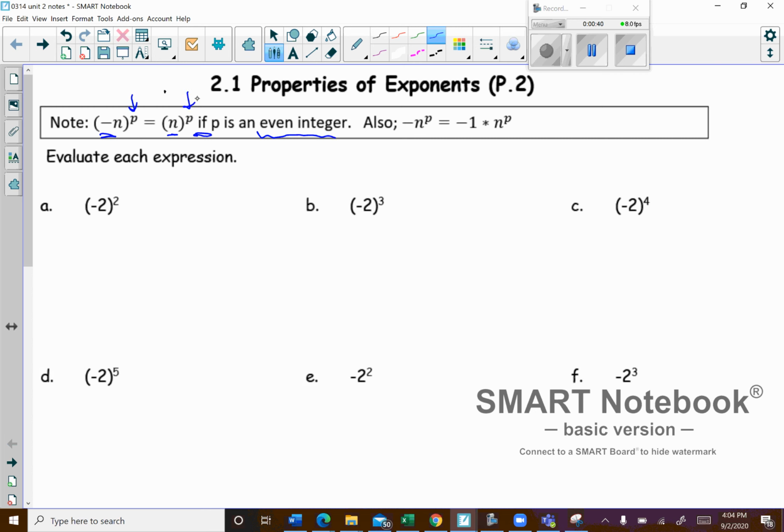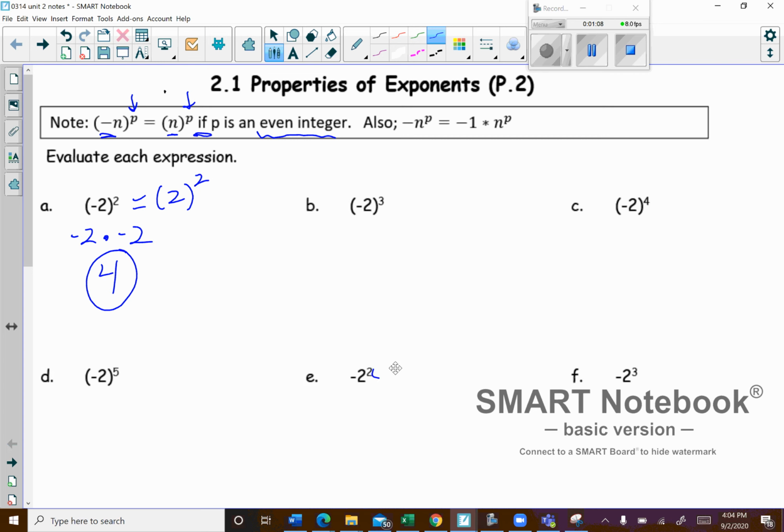So for example, I'll just go ahead and work it right here on the page. If you look at a right here, you have negative 2 to the power of 2. Well, that's telling us to do negative 2 times negative 2. So negative times a negative is positive, and so you get positive 4. Well, that would be the same thing as if it were 2 to the power of 2.